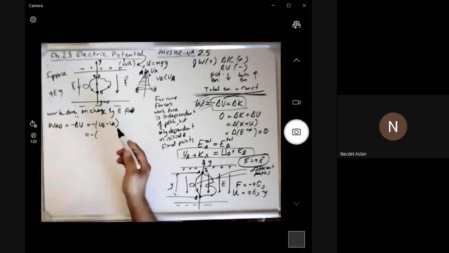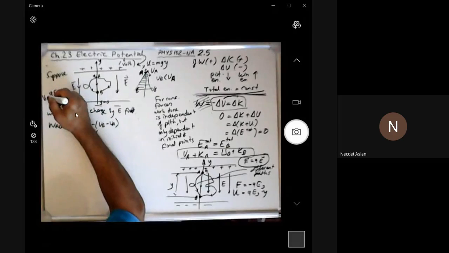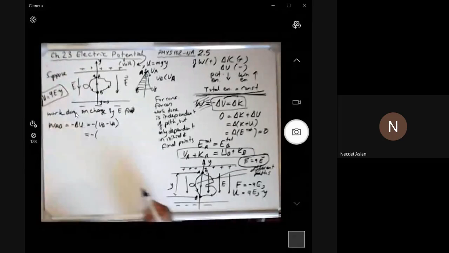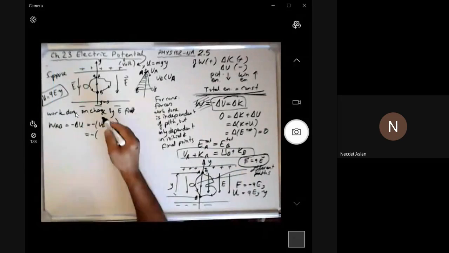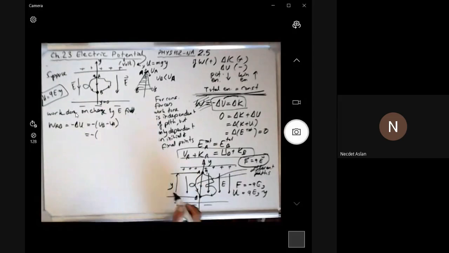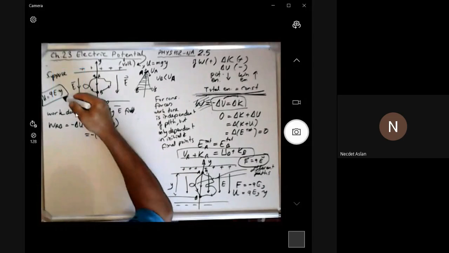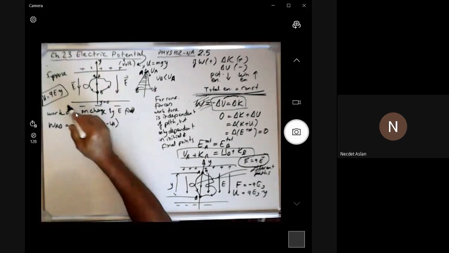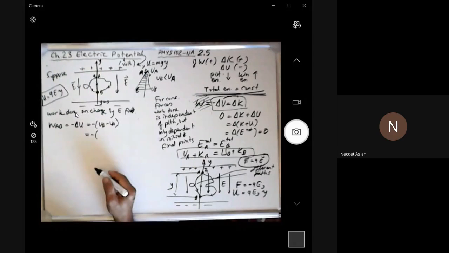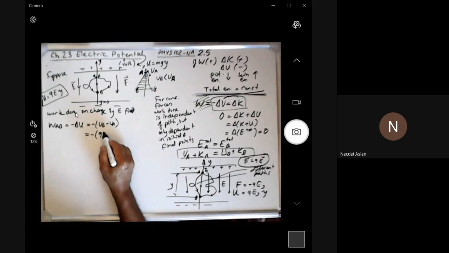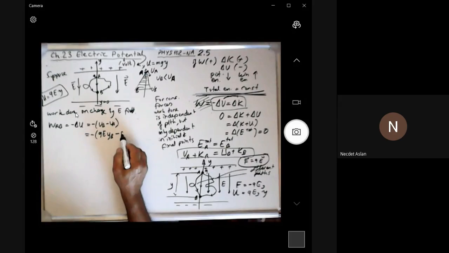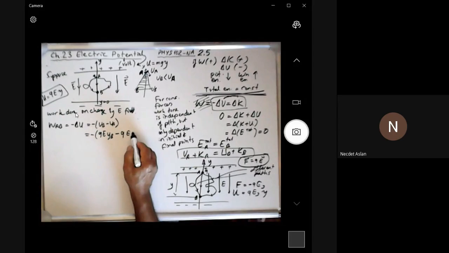Sometimes it's positive, sometimes negative. In this case, the potential energy is given by this expression. As I told you before, it can be negative or positive, but we chose y equals 0 here so that for positive y values, the potential energy is positive. In this case, this is Q times E times yB minus Q times E times yA.